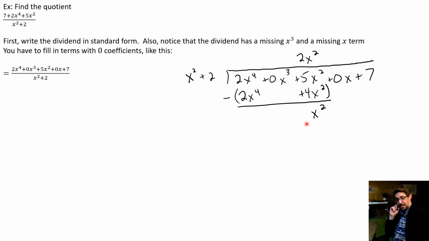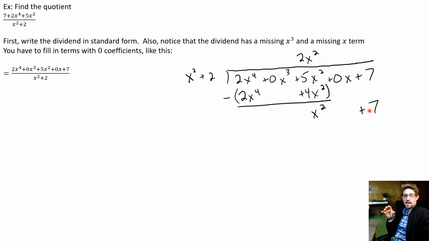Okay, so the parentheses made this a minus sign. Now we have to bring something down. Since there's nothing here to bring down, that's fine. You can go ahead and bring down the 7. You'll see that even if you didn't do that in this step, you'd end up doing it anyway. So this is faster. Okay, so if there's a missing term, go ahead and bring down the 7.